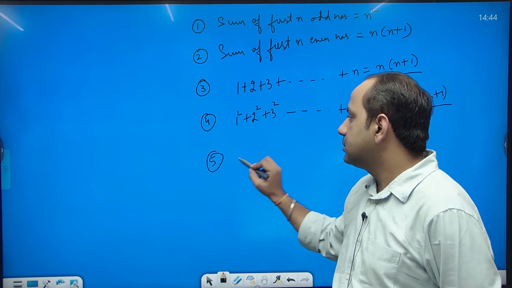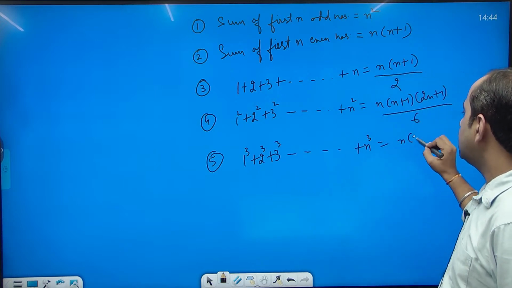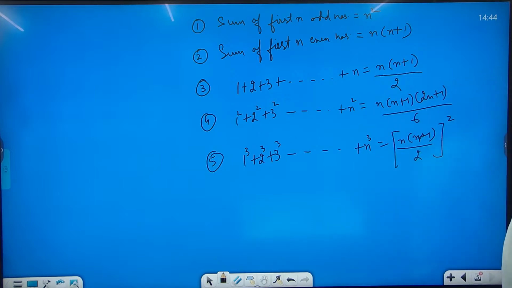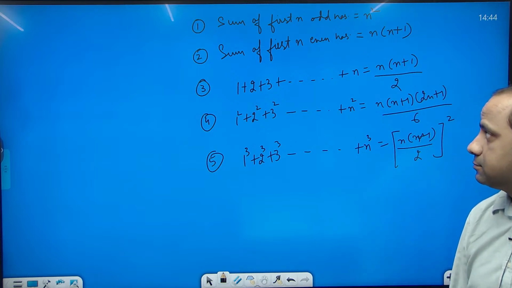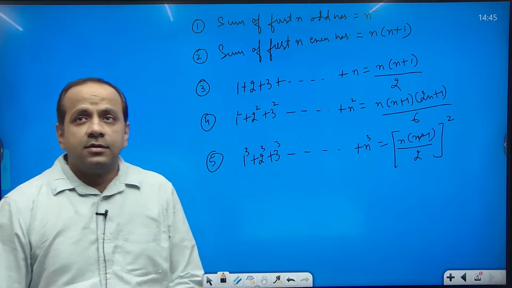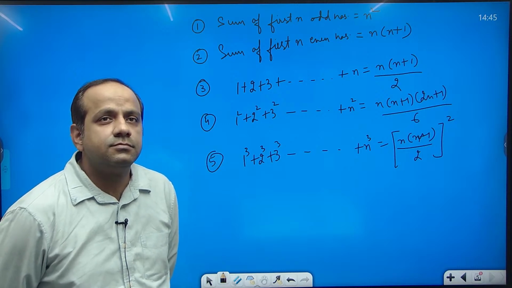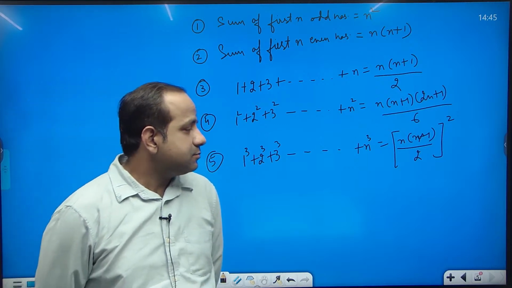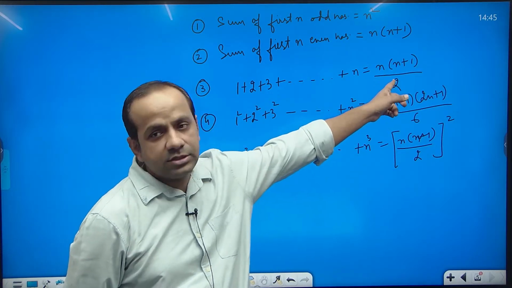And if I add the sum of all cubes, 1 cube plus 2 cube plus 3 cube and so on up to n cube, this is equal to n into n plus 1 divided by 2, whole square. Is it okay? You can note it down. Done?